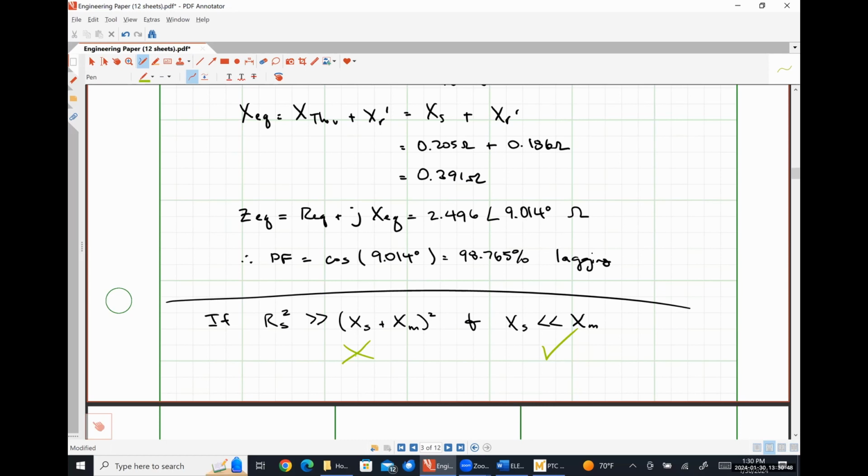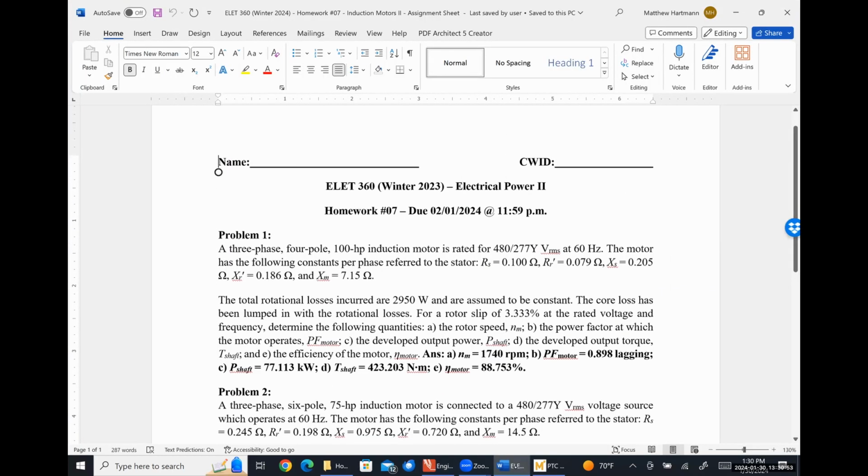That's okay. All right, so for the next part of the problem, we were asked to find the shaft power. So let's talk our way through what that's going to look like.